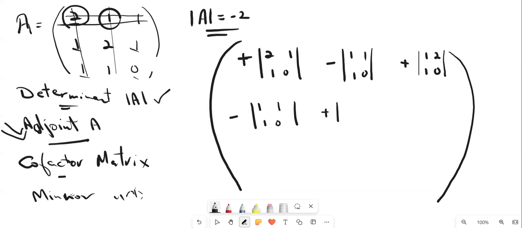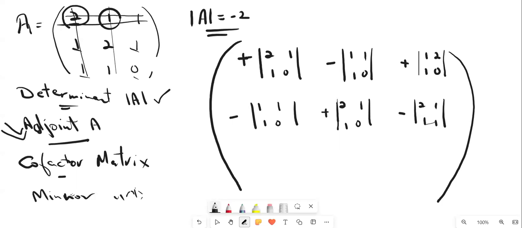Plus here: 2, 1, 2, 1, 1, 0. And then minus: 2, 1, 1, 1.